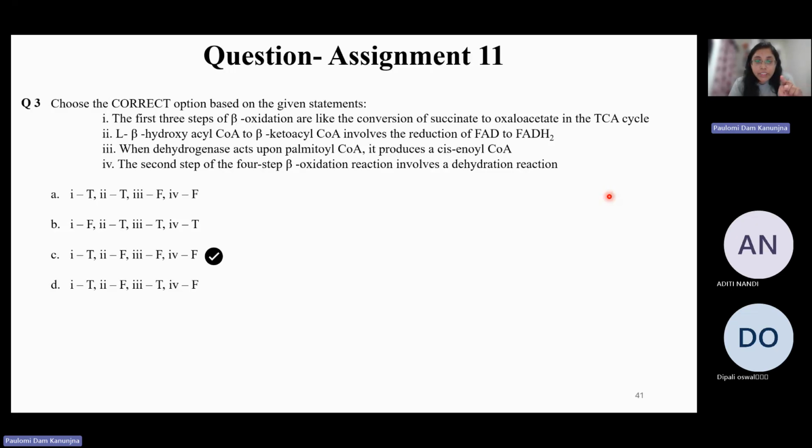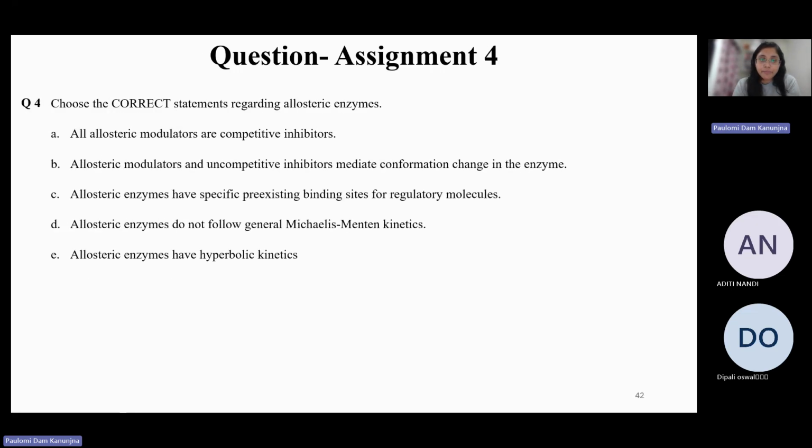The second statement, the conversion of hydroxyacyl to ketoacyl, uses NAD plus and not FAD. The third says it produces cis enoyl coenzyme A, and we know it is trans enoyl. The fourth says the second step consists of dehydration, which is incorrect. We know it is hydration. That's why C is the correct answer.